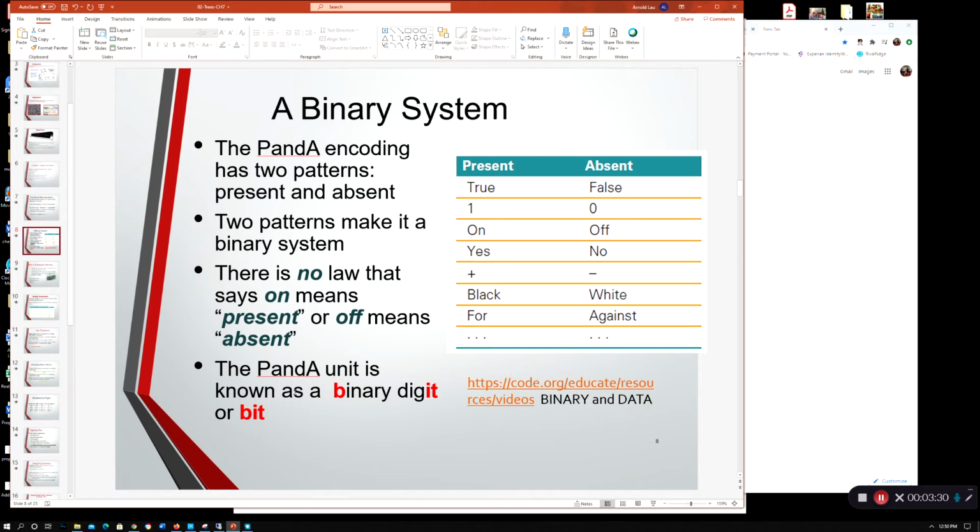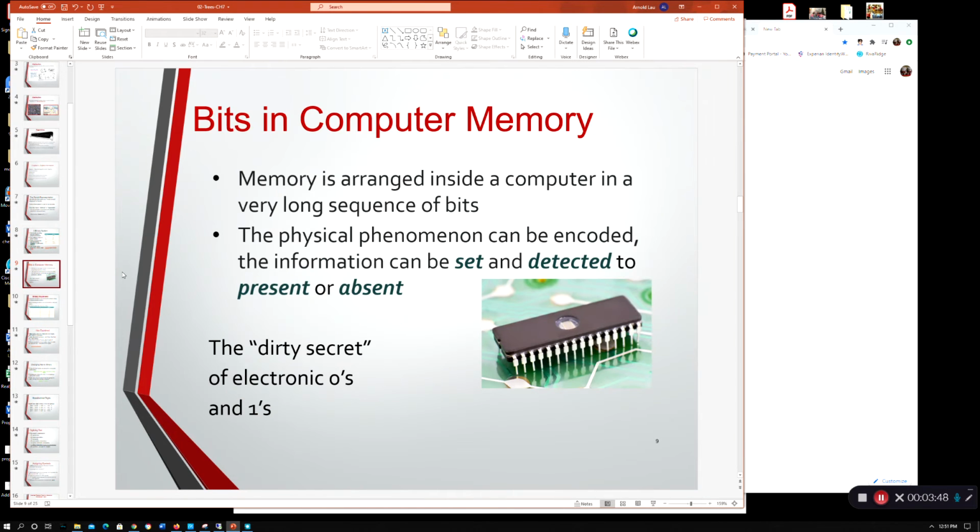So the PandA unit is known as a binary digit or a bit. Later on we'll get into groupings of the bits, but for now, just remember a single digit will be a bit, and that's either off and on, 1 and 0, so on and so forth. All this is saying is that memory is basically organized as storing a whole sequence of zeros and ones.